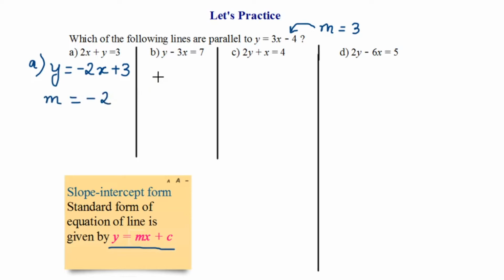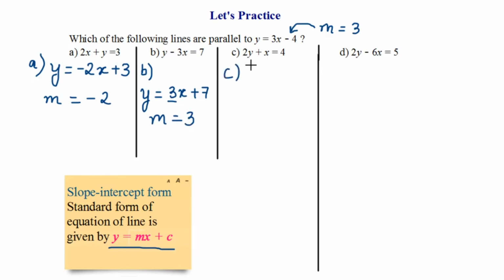Let's move to the next one. Here we have y - 3x = 7. Again, just keeping y on one side, I get y = 3x + 7. The coefficient of x, that is 3, is the gradient of this line.